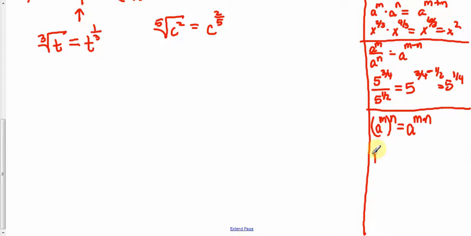So if I had p to the 3/5 all to the 1/3 power, you would have p to the 3/5 times 1/3. And then you just multiply, and so you would get p to the 1/5 power.